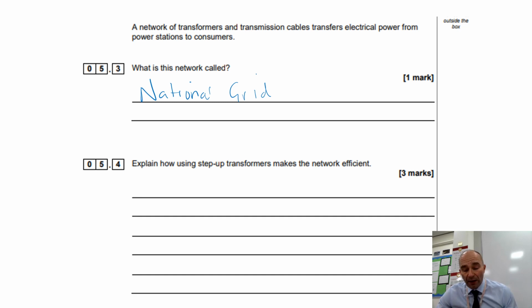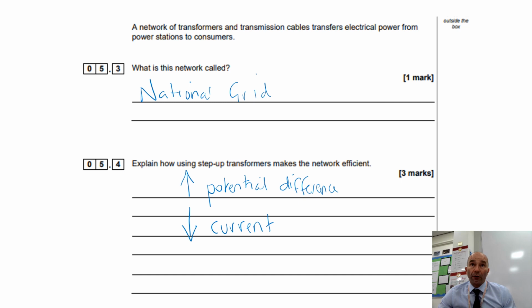Now we need to explain how using step-up transformers makes a network efficient. Now a step-up transformer increases the potential difference, and at the same time, this causes the current to decrease. Now, if you have too much current running through them, the cables will heat up.